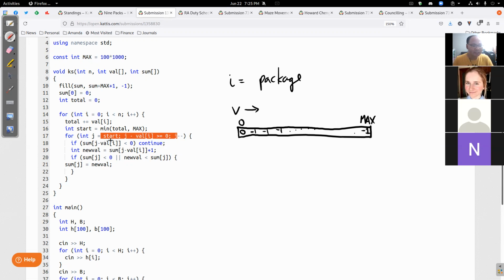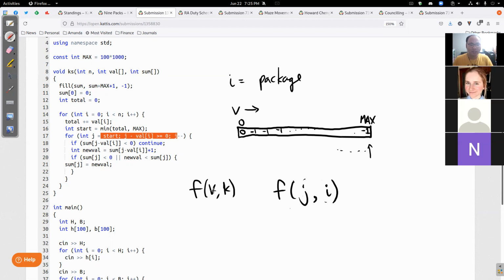Then what I'm saying is, for each value, I'm going to compute f of i, v. v is actually my j here. So f of i, j, as in my previous slides. If I use the same order as in my drawing before, it would be f of j and then i.